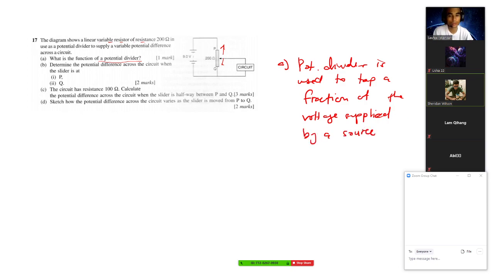So we have here 9 volt, as an example. We want to take a fraction of the 9 volt. So that is the function of a potential divider.